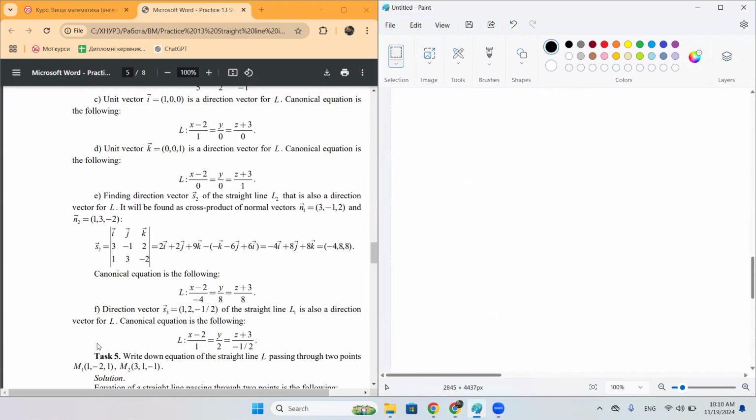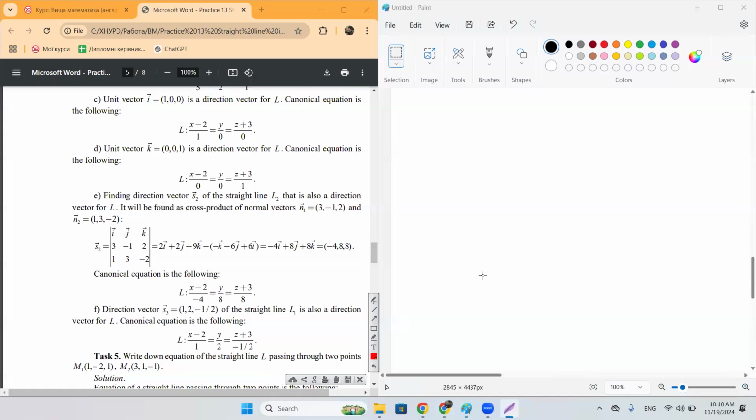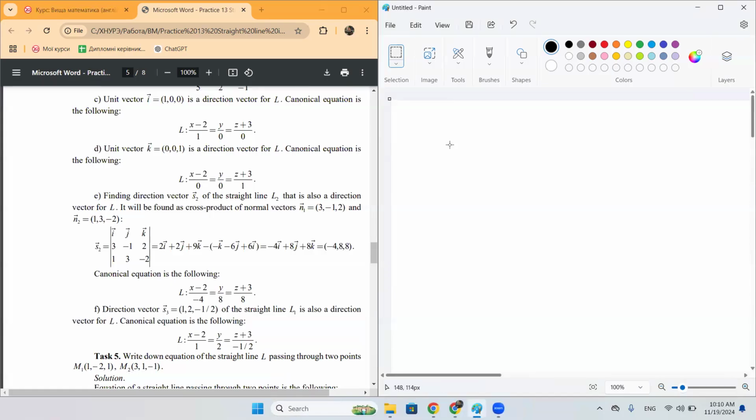We need to write down the equation of the straight line passing through 2 points. So the equation is the following.